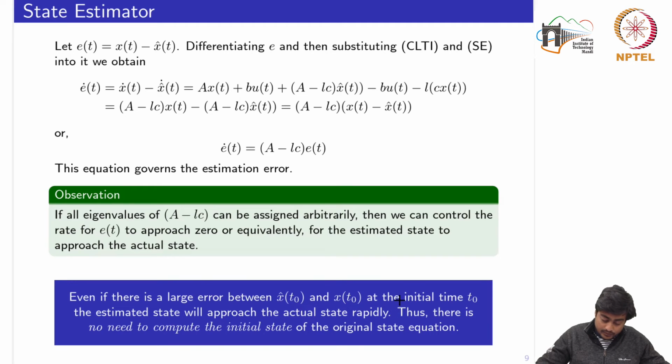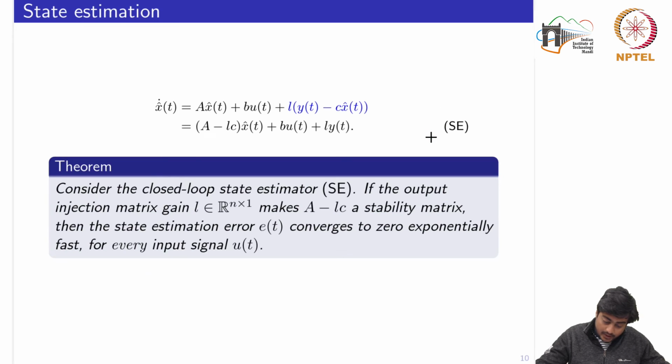So with the introduction of the additional term, L times y minus y hat, we got rid of those two disadvantages which we had seen in the open loop estimator. Let's try to formulate it now. This was the original equation, and by the addition of this term, this is the parameterized one, which we called the state estimator.